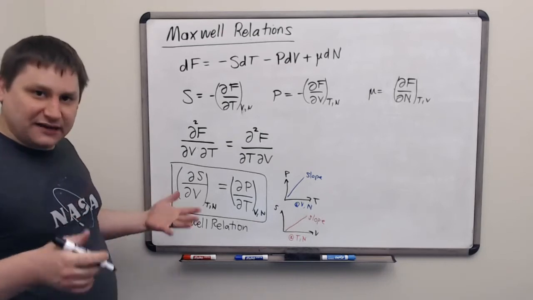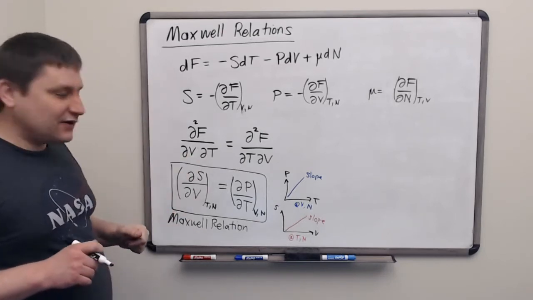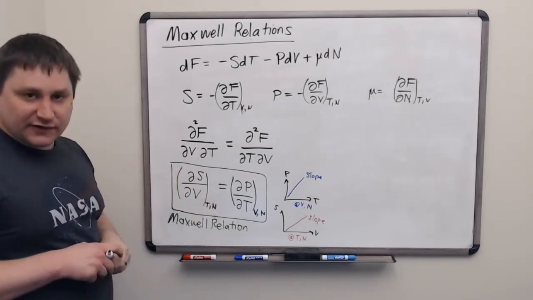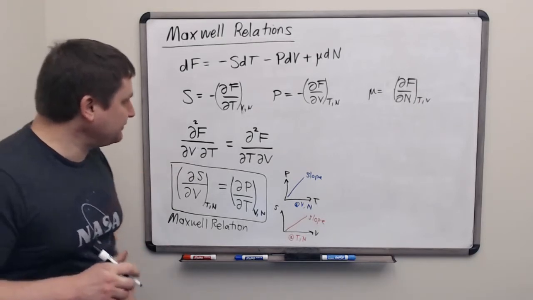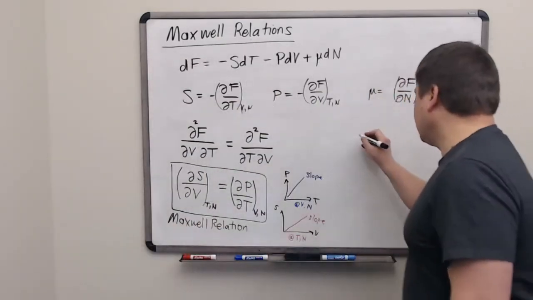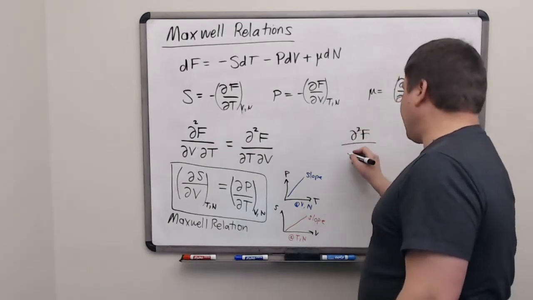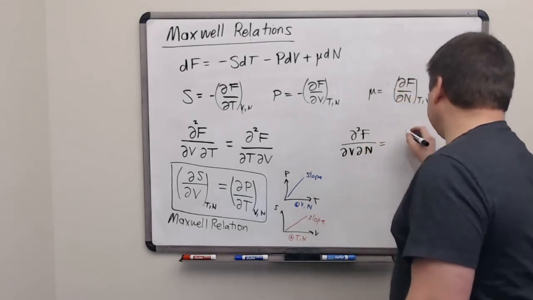For each potential then, here for Helmholtz we did one of these mixed derivatives. For each potential we can come up with many Maxwell relations. Let's do one more for the Helmholtz free energy. Consider taking the second derivative of F with respect to volume and then with respect to particle number.